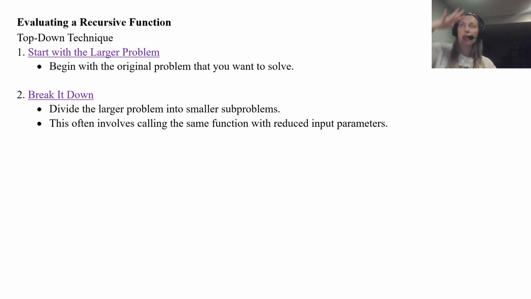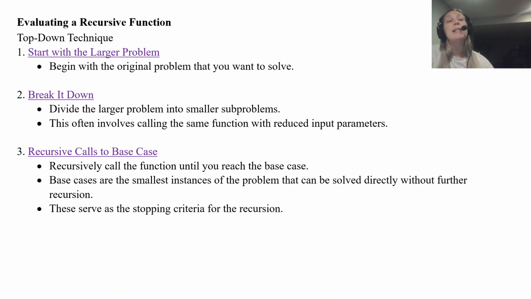We're going to break it down, going from the top, the larger problems, into sub-problems, until we get to what's called the base case. Base cases are the smallest instances of the problem that can be solved directly without further recursion. That's the official definition of a base case. So a base case is basically where the recursion stops. A base case has no other recursive call.